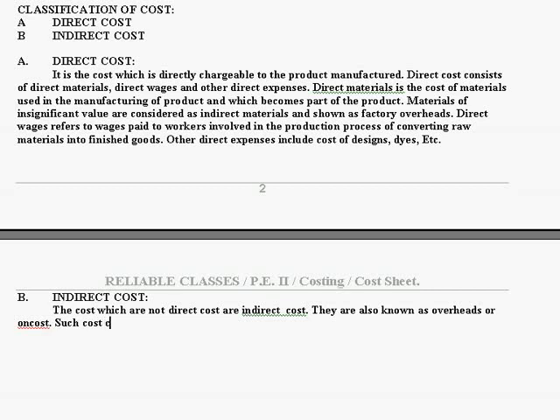Such cost cannot be directly associated with the product.